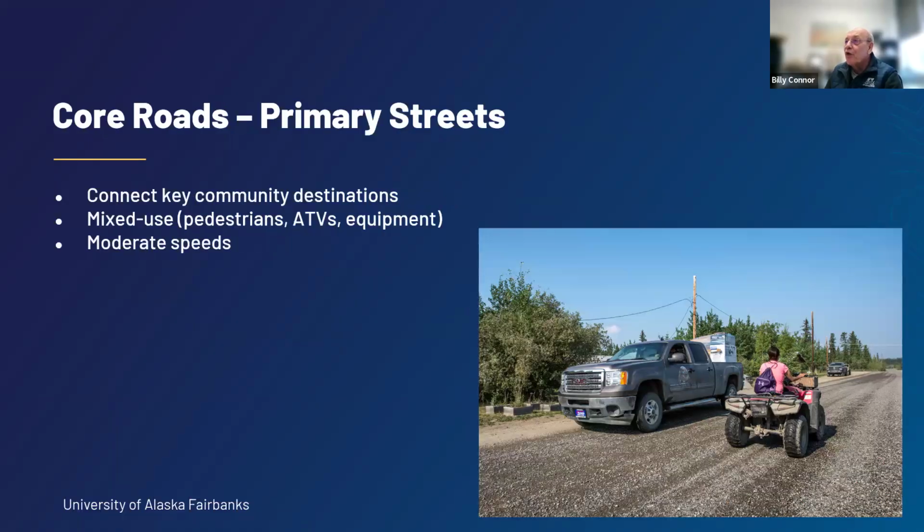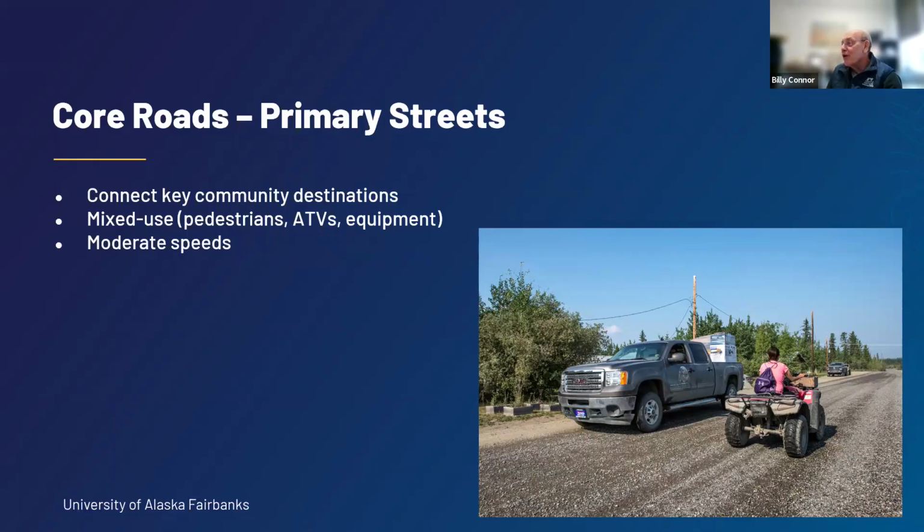Okay. The core roads, they're the primary streets. Many people would consider them the main street. They connect community destinations such as the store, the post office, the core utilities, and the school and those kinds of things. As such, they're mixed use.